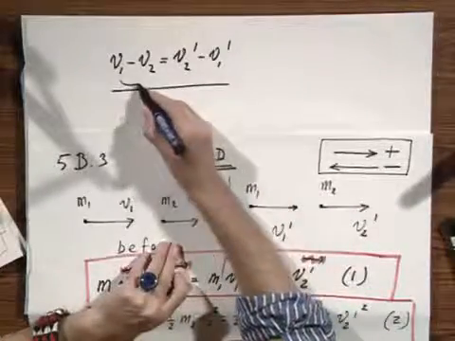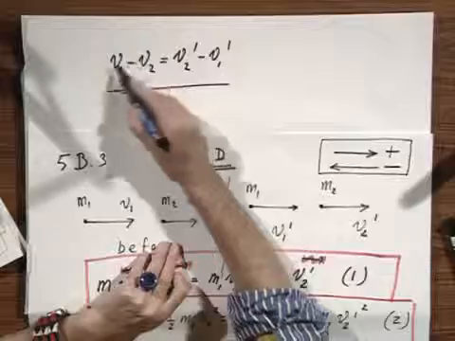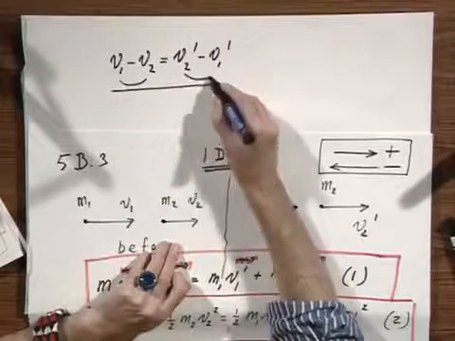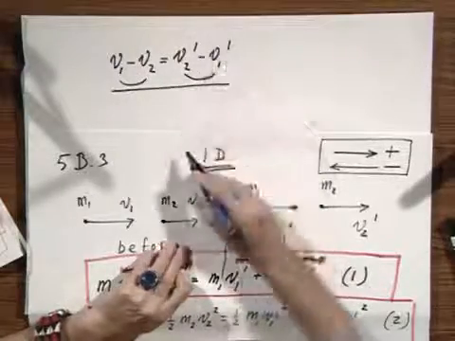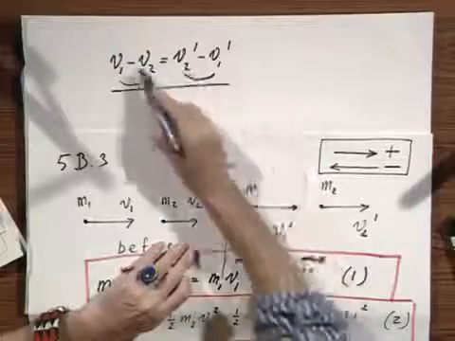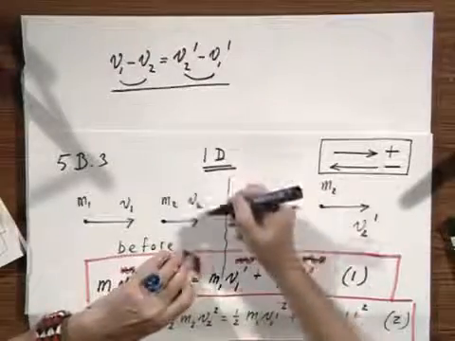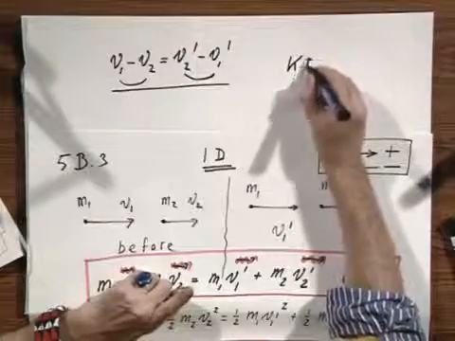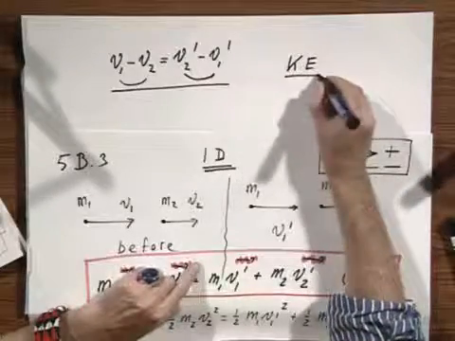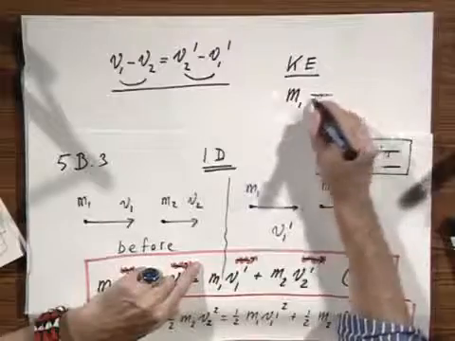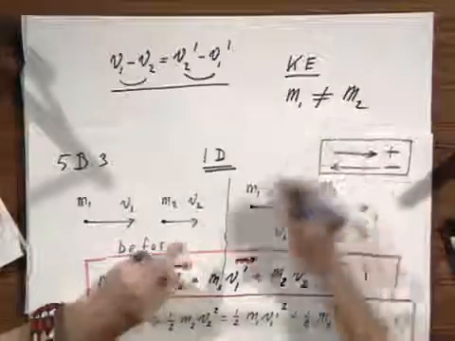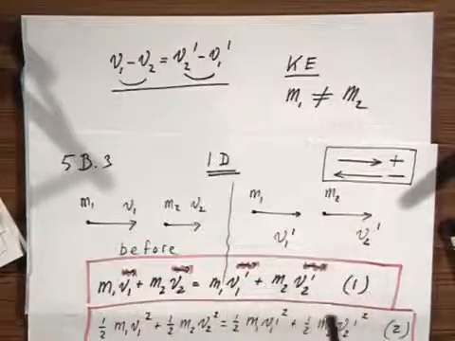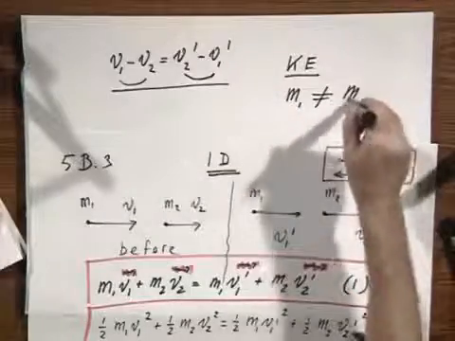This is the relative velocity before the collision between the two objects, and this is the relative velocity after the collision between the two objects. And it's not so obvious that that would be the same. Of course, it's only true if kinetic energy is conserved. But it is not required that m1 is m2. That is not required. When you derive that, you will see that that is not a must.